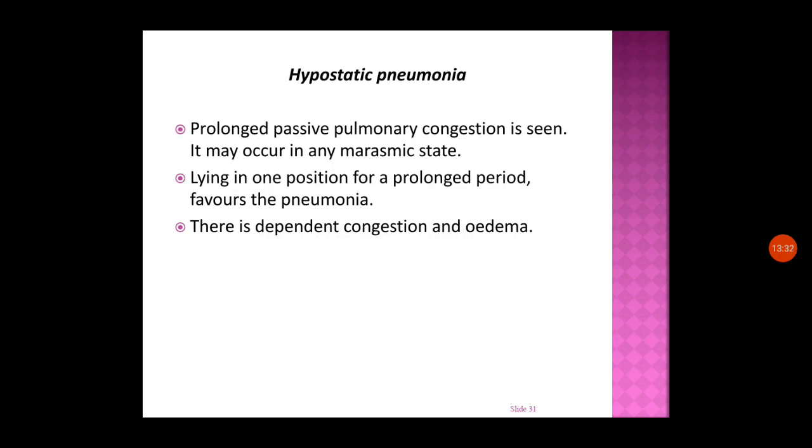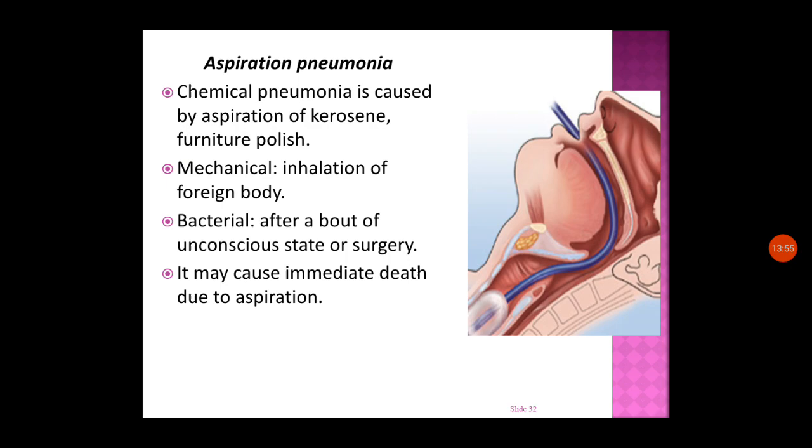Next is hypostatic pneumonia. That is, prolonged passive pulmonary congestion is seen, and it occurs in any marasmic state. In malnutrition states we can see hypostatic pneumonia. Lying in one position for a prolonged period favors the pneumonia. So especially bedridden people will be getting this particular pneumonia, and dependent congestion and edema will be present. Next, aspiration pneumonia.